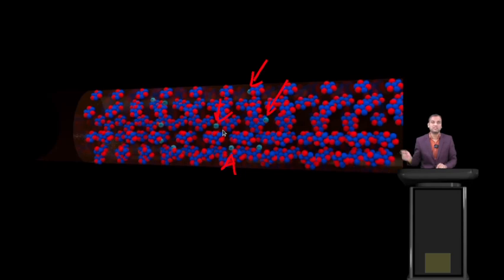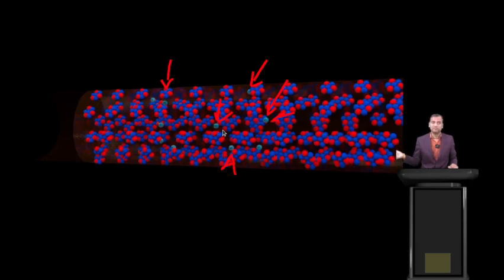These are moving inside a wire, and this wire is made up of molecules, atoms, and many particles. So when the particles flow, they always collide with the atoms of any metal or any wire.